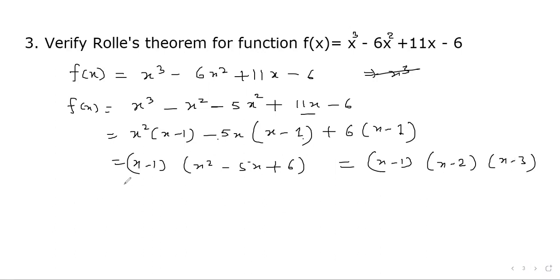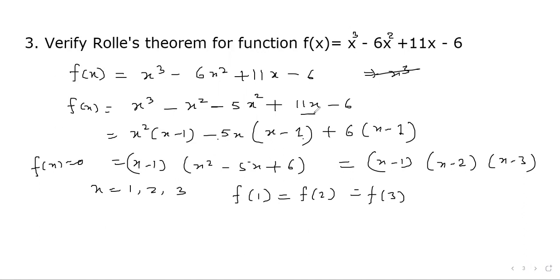So if we put f(x) equal to 0, we will get three values: x = 1, 2, 3. Now we have to check whether f(1) = f(2) = f(3). If we put 1 here, this is 1³ − 6 + 11 − 6, which is 0.